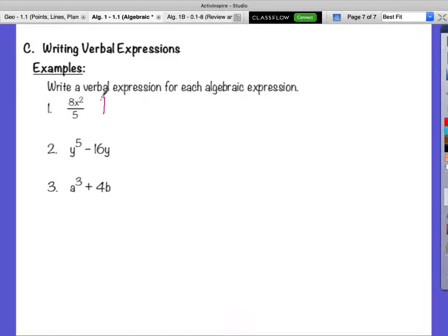So maybe the product of 8 and x squared. Now is the whole thing being divided here? Yes. So it might be a good idea to what before saying divided by 5? Put a comma, exactly right.